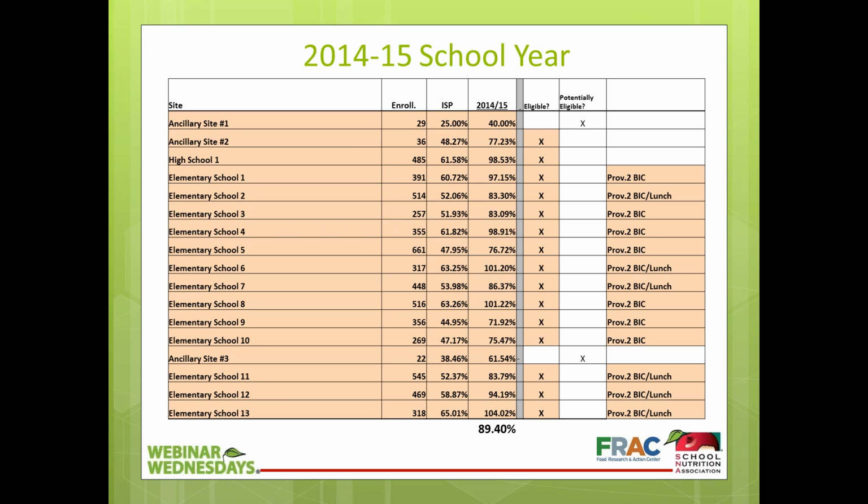We combined all of these elementary schools our first year, along with the alternative high school and 3 small ancillary serving sites, for an ISP of 55.86%, or a free reimbursement of 89.4%. So again, pretty much a no-brainer for us.